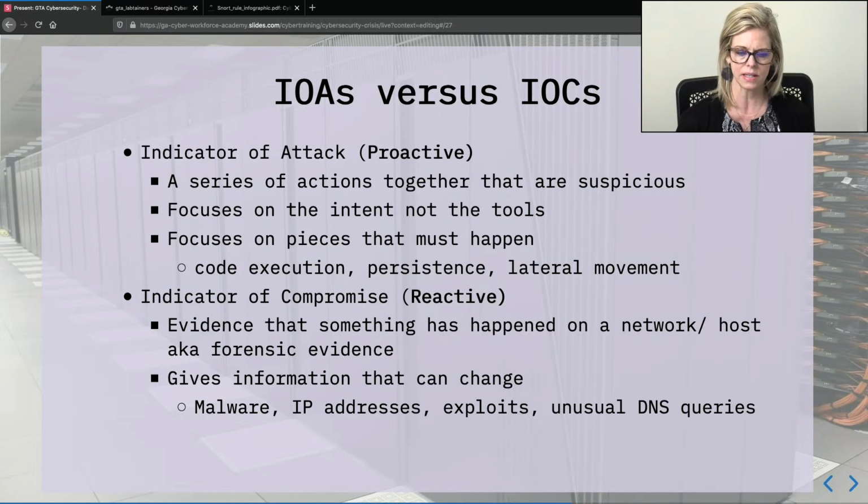For instance, the attacker must find a box to exploit, find a vulnerability in that box, successfully exploit it, execute some code, possibly establish persistence using a command and control channel, and then move from one segment of the network to another in order to perform their actions on objectives.